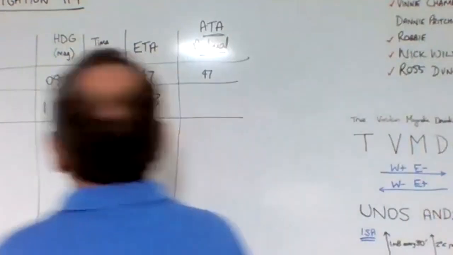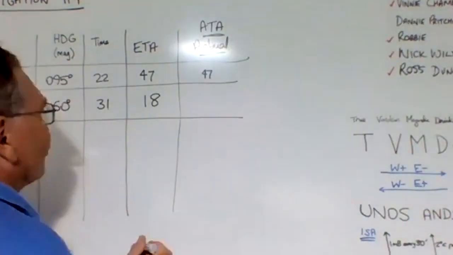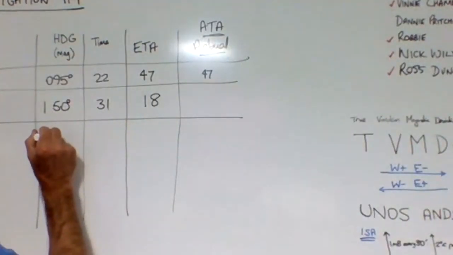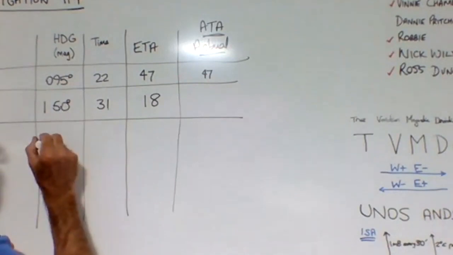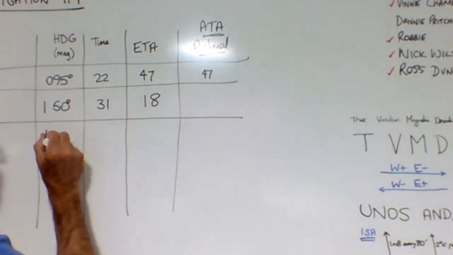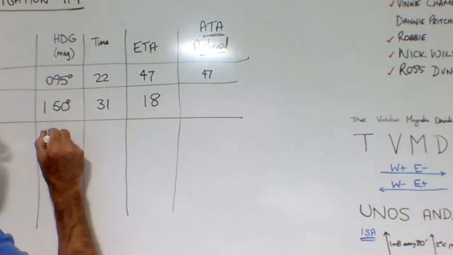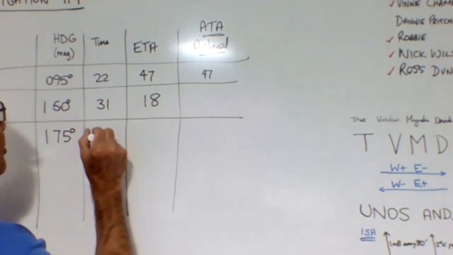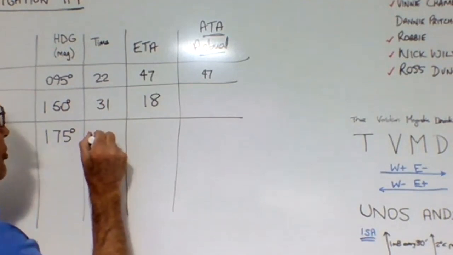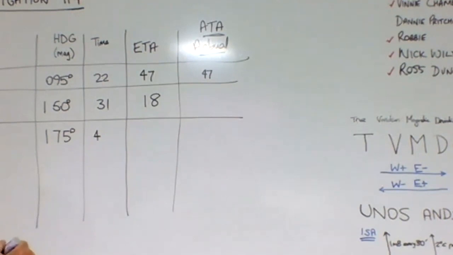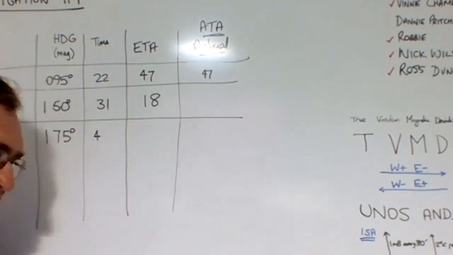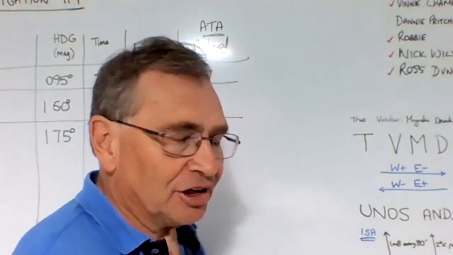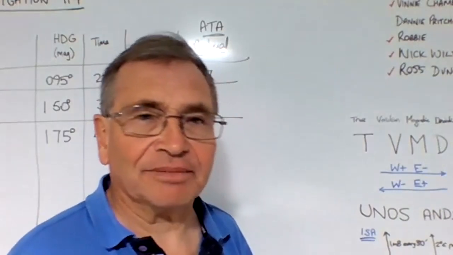If your legs are small, like for example, we get to this point here and our next heading is say 175 degrees and the time is 4, you might need to use fractions of a minute.